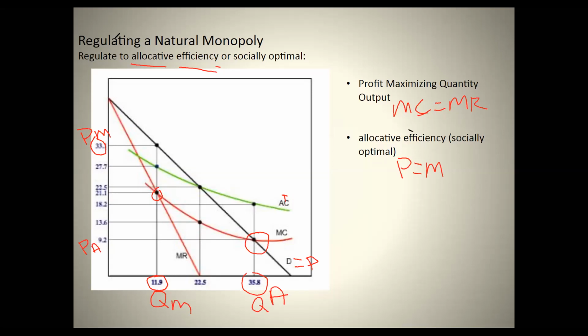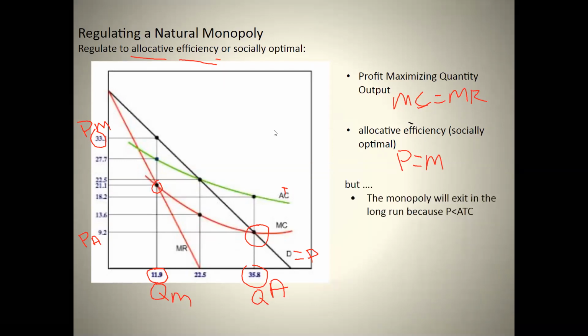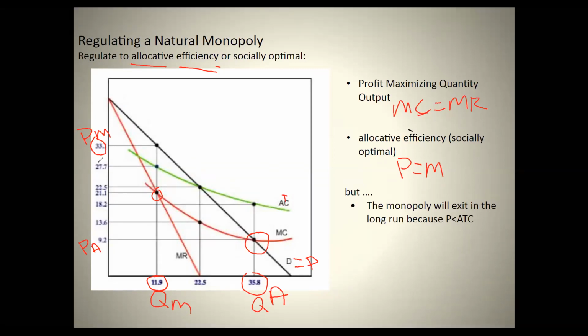Let's do that. But if you're looking at this, you're seeing a potential problem. This is not going to last for long. What's the problem? The monopoly will want to exit in the long run because this price of 9.2, this price right here, is below the average total cost for that output.